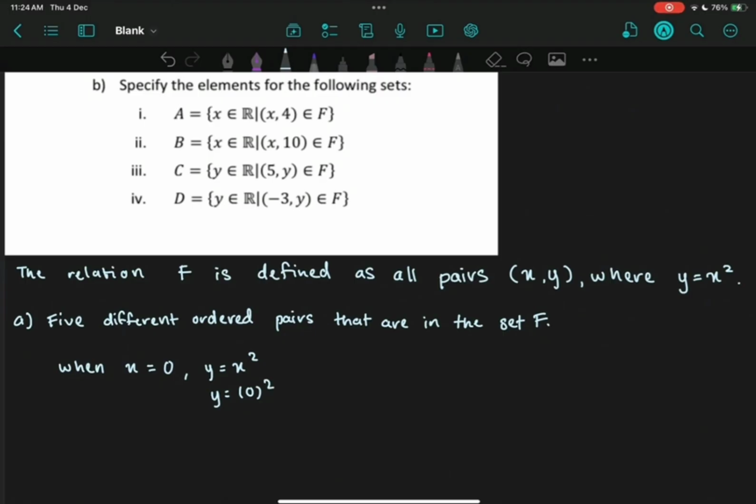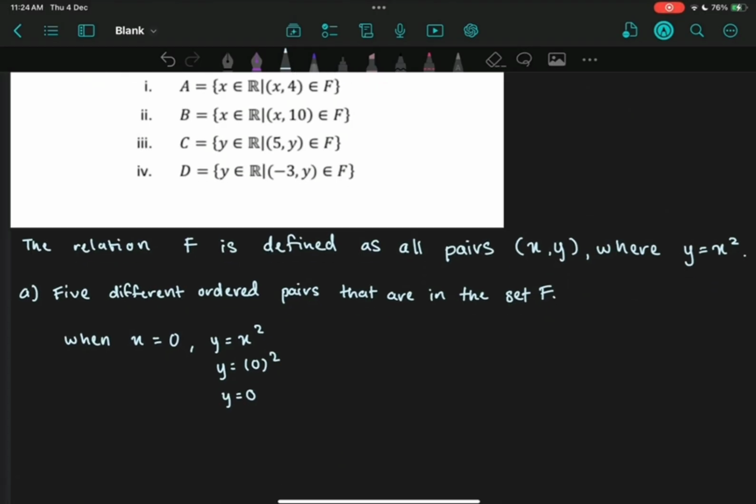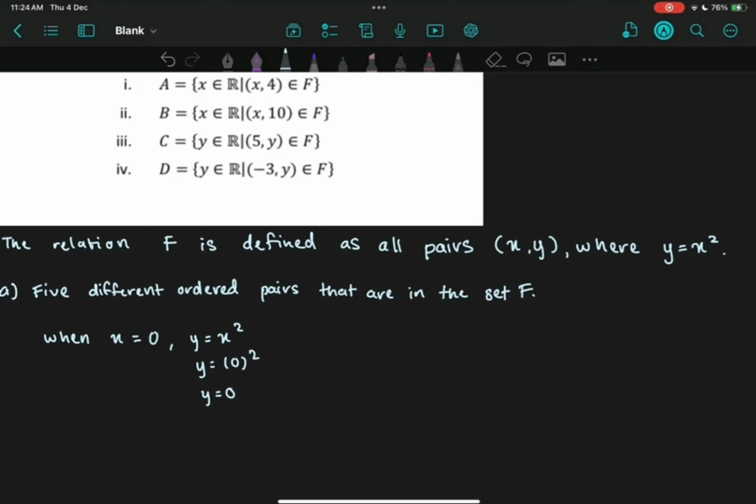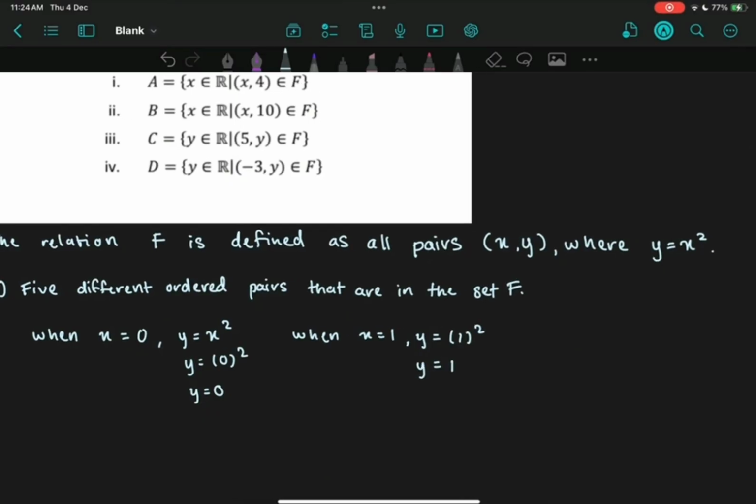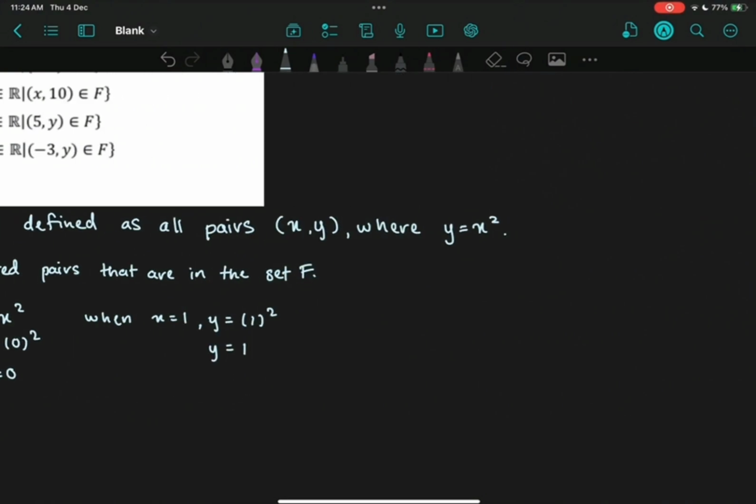So we just use x equals 0 and enter it in the relation where y equals x squared, and we keep repeating the same by using the different real numbers 1, -1, 2 and -2.